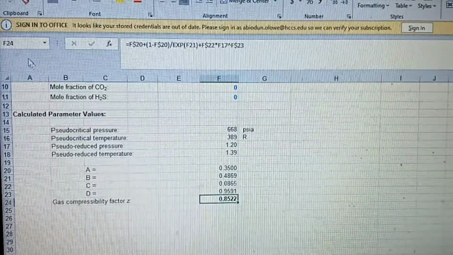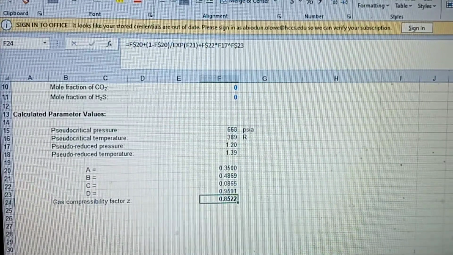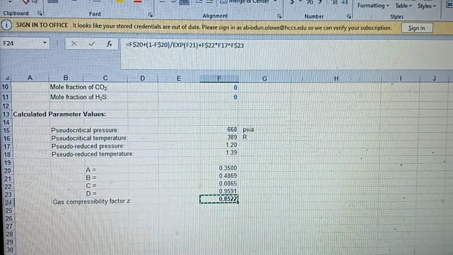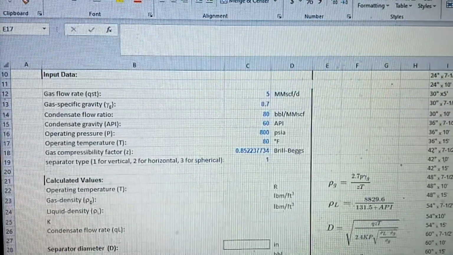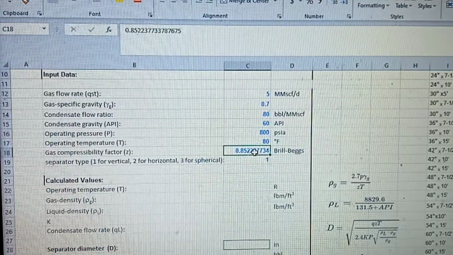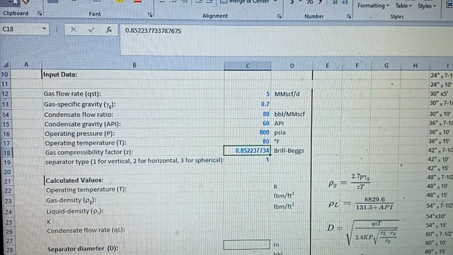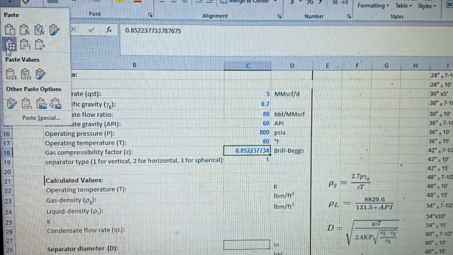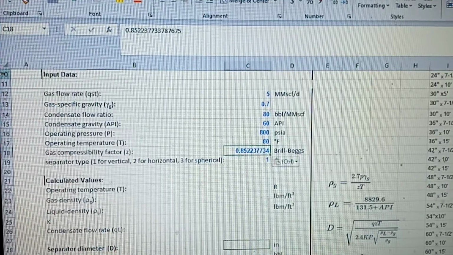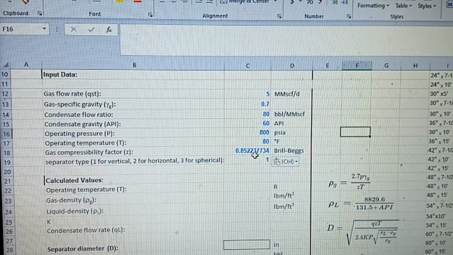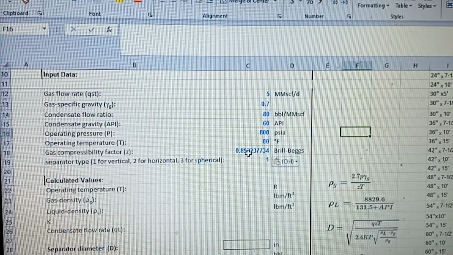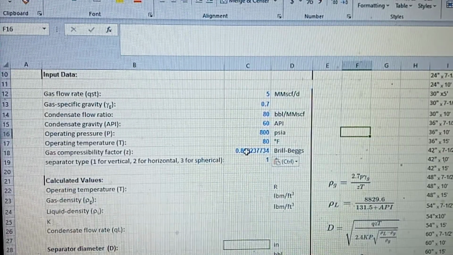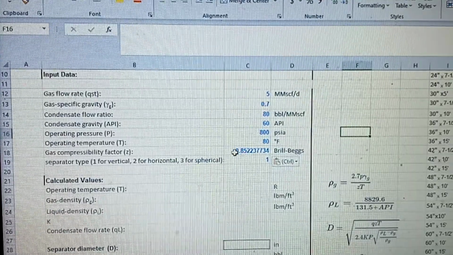You copy it, then I close this. Then I come here and do paste special, values. Okay, so I've completed all my input. Don't forget, you have to get that compressibility factor first.